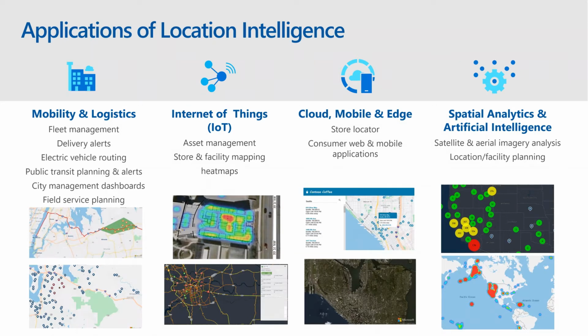Then we provide tools to develop for cloud, mobile, and web to help reach users where they are. We also have additional capabilities, a portfolio of data like aerial or satellite imagery, to analytics like geofencing and other things.